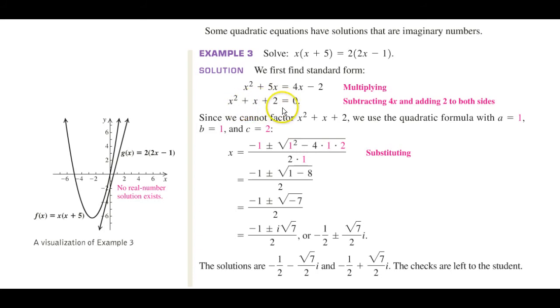Now, will that factor? No. Now, could you have used completing the square there? Possibly. But again, you're going to get a fraction when you take half of 1. So the easiest one then is the quadratic formula, where you identify A as 1, B as 1, and C as 2.